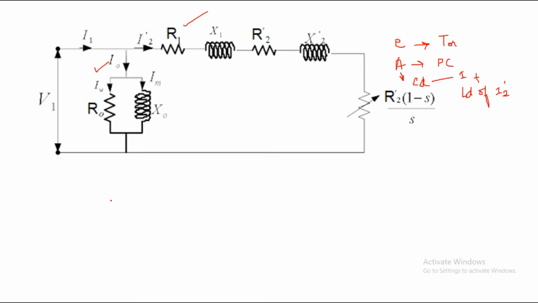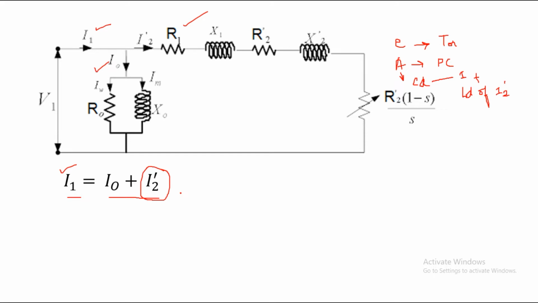Here the main current is I1, the input line current, and it is the vector addition of the no load current and the rotor current referred to stator. In drawing the circle diagram we have to include all these three currents, and especially we have to get this I1 only by finding a resultant from these two current phasors. That is very important. We are very clear about I2 dash, because we are going to include this I2 dash along with its locus diagram.